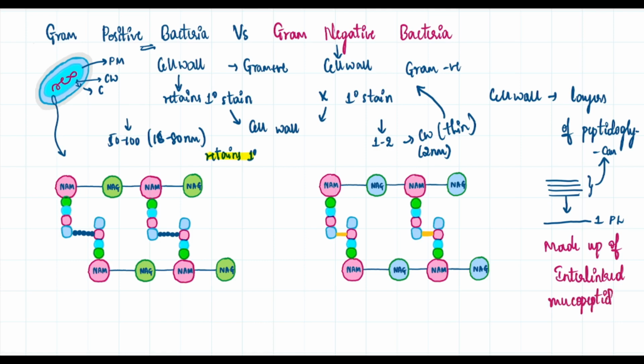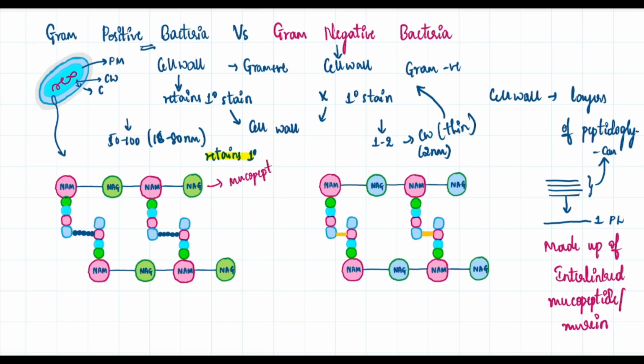They also call it murein. Mucopeptide's other name is murein. You are thinking, what is mucopeptide actually? As you can see, this one line is called a mucopeptide. It's just a diagrammatic representation. It may extend to any length, okay?